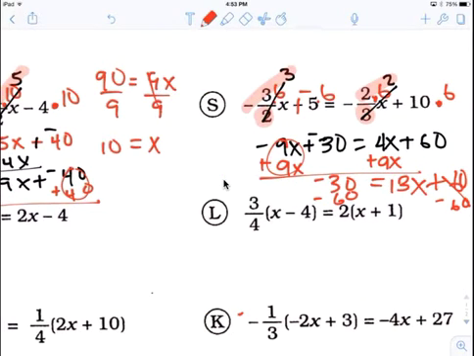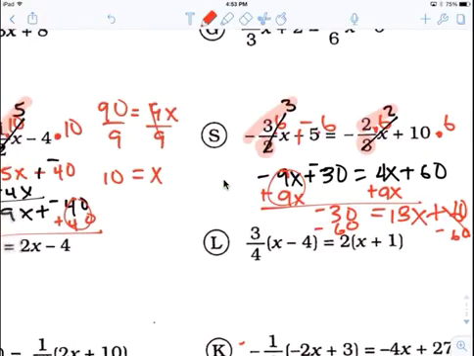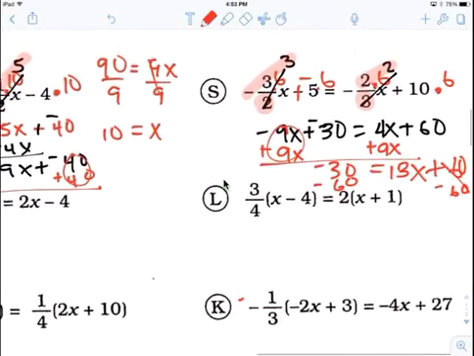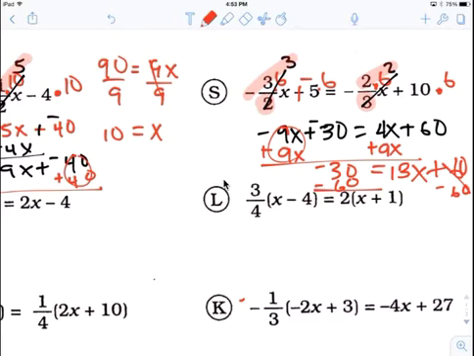And then you divide 13, right? Put it on the side. Divide by, so -90 equals to 13x, divided by 13, divided by 13.